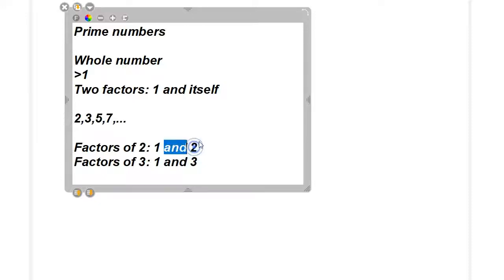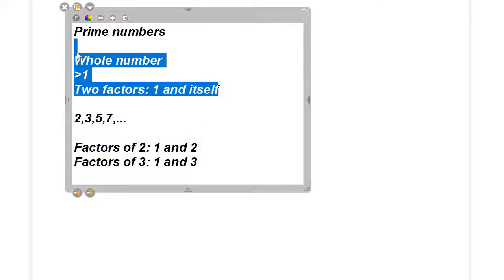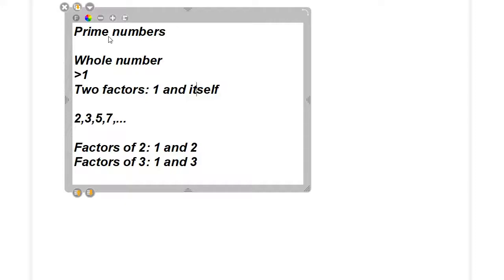Okay, let's see if it satisfies all these conditions of prime numbers. Prime number 2 is a whole number, it is greater than 1, and it has 2 factors, 1 and itself, which is 2. Factors of 3, 1 and itself, 3.